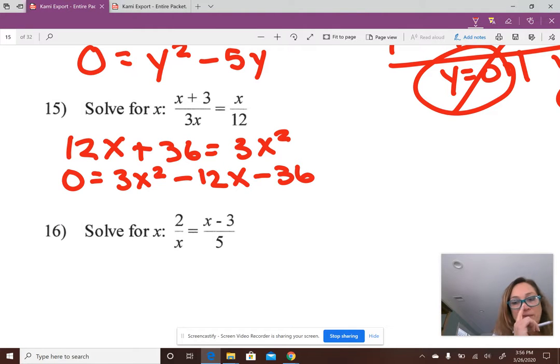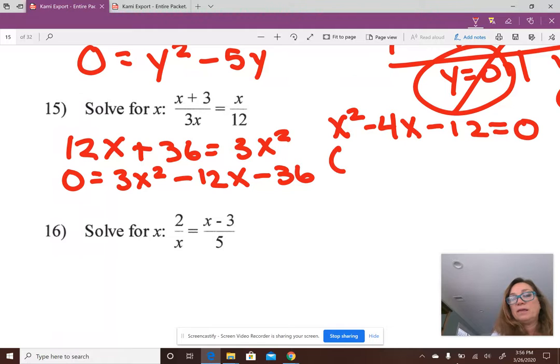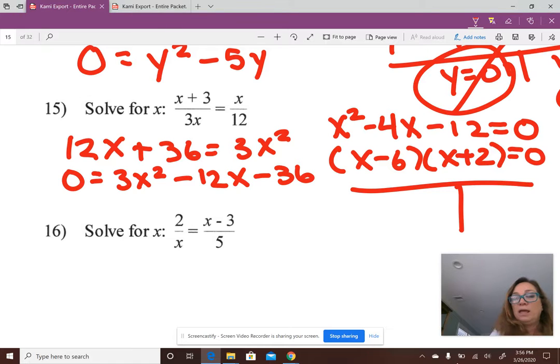I'm going to divide everything by 3. That'll make it a little bit easier. So x squared minus 4x minus 12 equals 0. So x minus 6 and x plus 2 equals 0. That's going to give me x equals 6 and x equals -2.